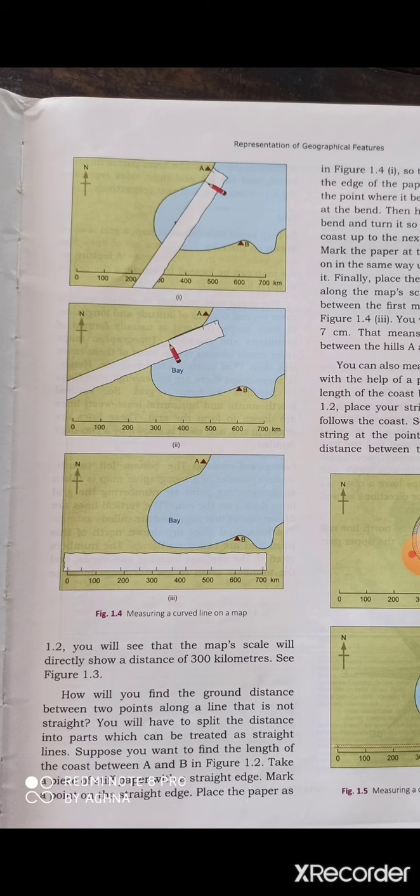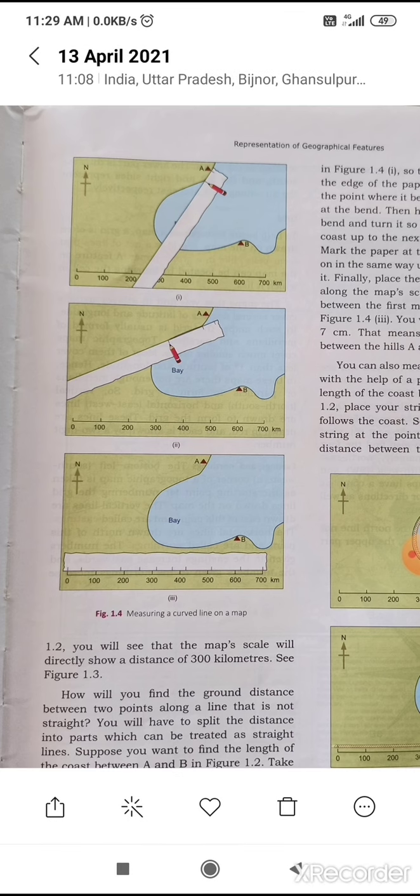Wherever the bends come, take your paper to that side in a straight way. Then hold the paper down at the bend and turn it so that the edge lies along the coast up to the next bend.